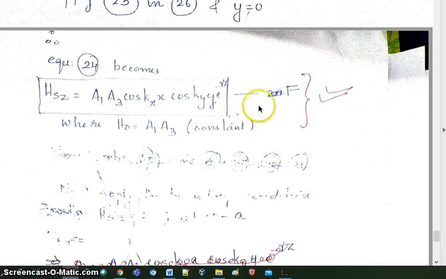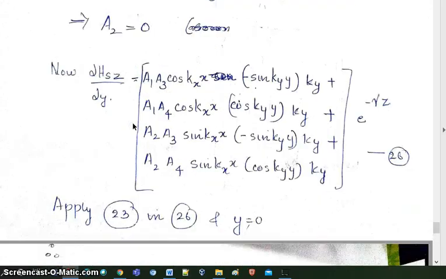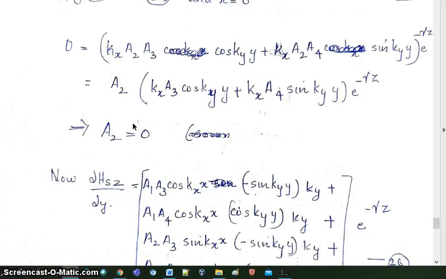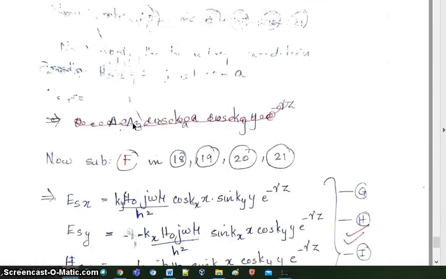So finally I will get Hsz as A1 A3 cos kx x cos ky y exponential minus gamma z, which is my expression for the magnetic component along the z axis, where A1 A3 is a constant, which can be represented as another constant H0, and that is my expression for Hsz.